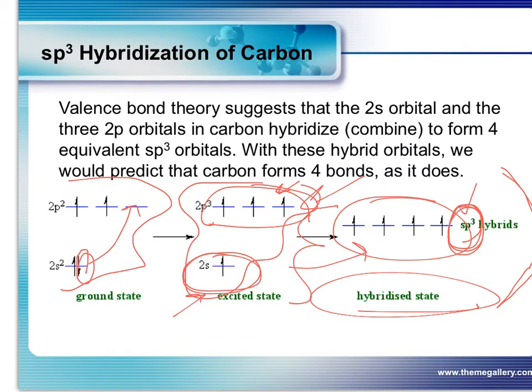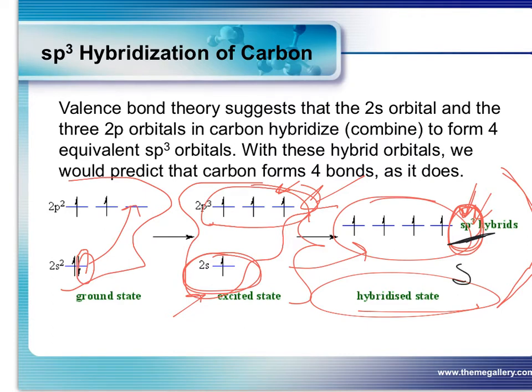The name of the hybrid orbital itself tells you what atomic orbitals made it up. In this case, there's 1 s and 3 p's. Also, if you pay attention to the name of the hybrid, you can count how many of these identical hybrid orbitals there are.